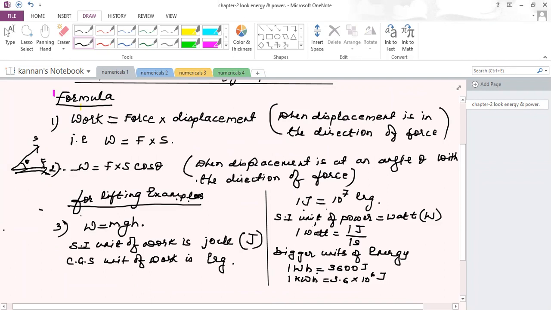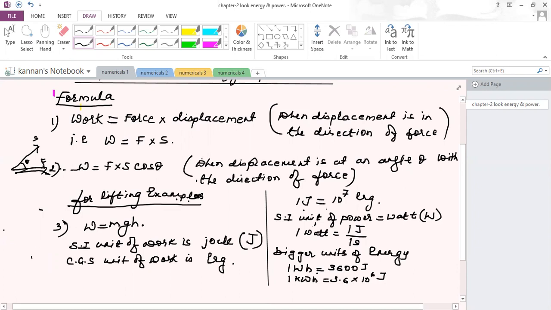The SI unit of work is joule. It is always represented by capital J. If you want to write the full form, it should always be a small j, joule, whereas for the notation, capital J. The CGS unit of work is erg.